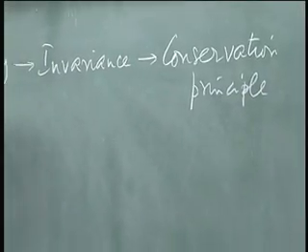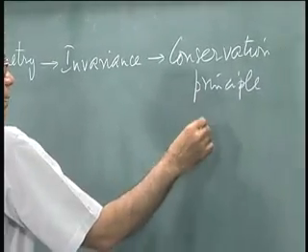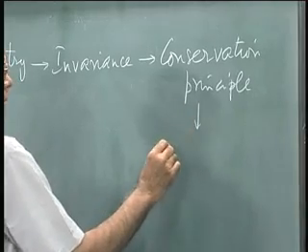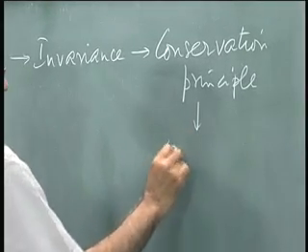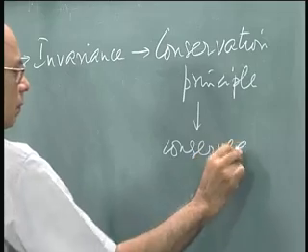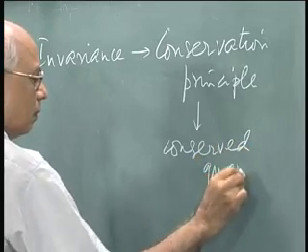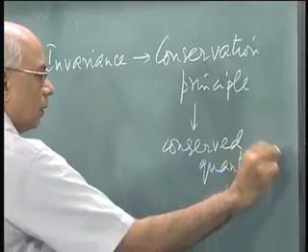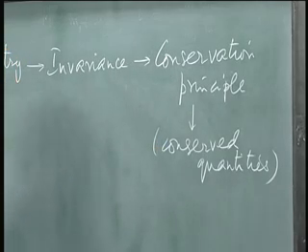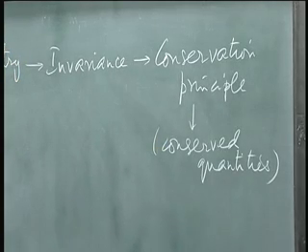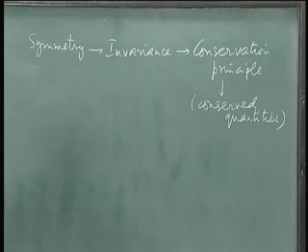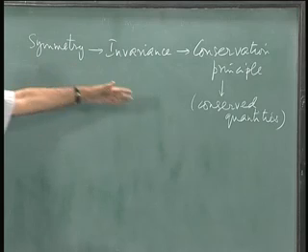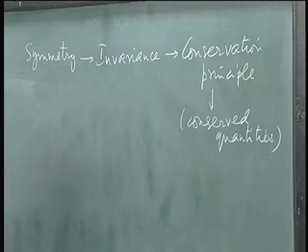Conservation principles, and of course leading from conservation principles is going to be conserved quantities, such as total angular momentum or total momentum, total energy, and so on. They all follow as special cases of this general relationship which leads from a symmetry right up to a conservation law on the other side. And Noether's theorem is going to tell us how this happens.